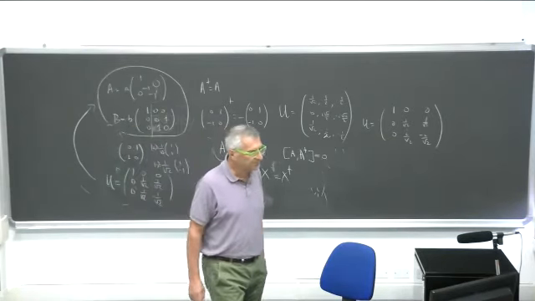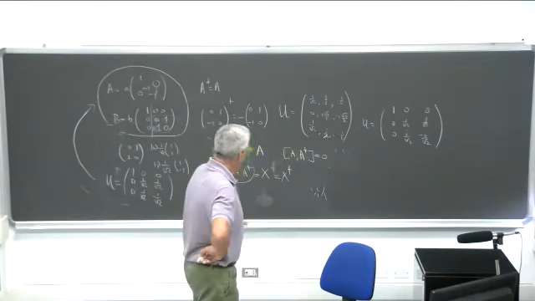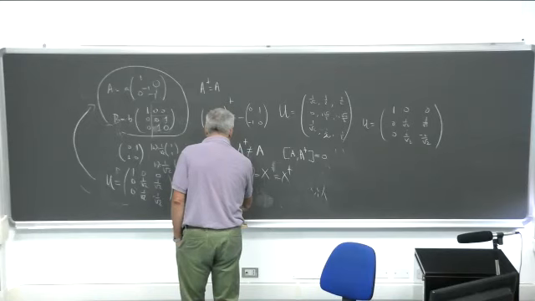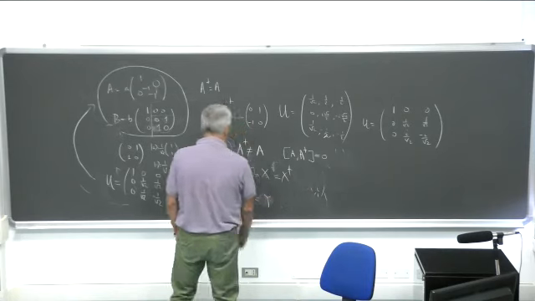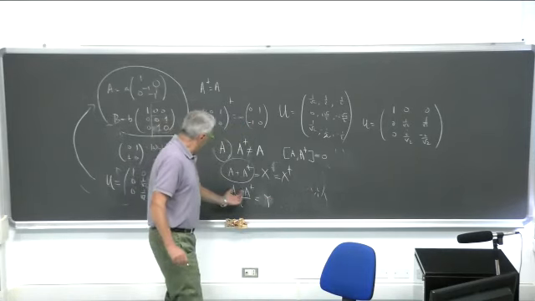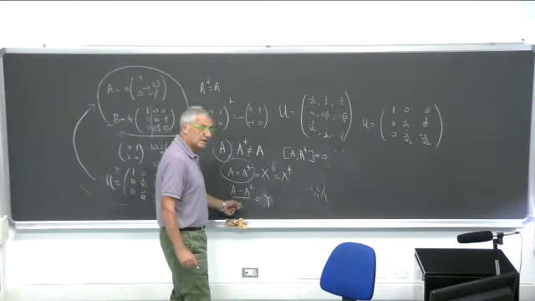What is it? This is A minus A dagger over i. Let me call this Y. This is also Hermitian, because the A minus A dagger flips sign when you take the Hermitian conjugate, but the i also changes sign, so this is Hermitian.